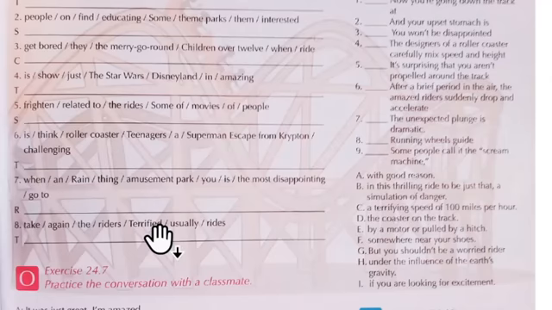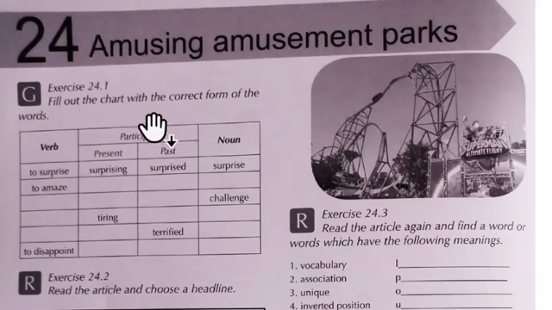Now in your workbook you have exercise 24.1. The idea is you have to complete a chart with the correct form of the word. You have the example: surprise, present participle surprising, past participle surprised, noun surprise.